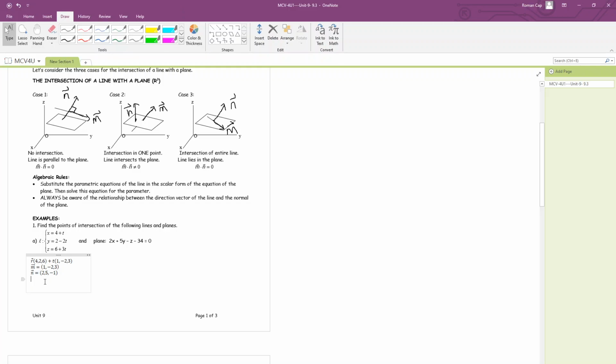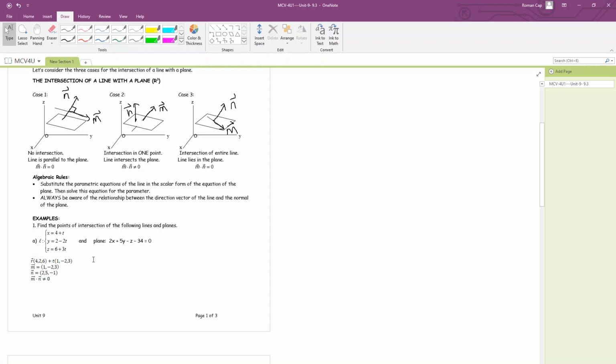Okay, so for this, if you actually do the dot product, you'll see that when you do the dot product of m dot n, it's actually not equal to 0, which means there'll be one solution. So we'll write it like this. It's not equal to 0.